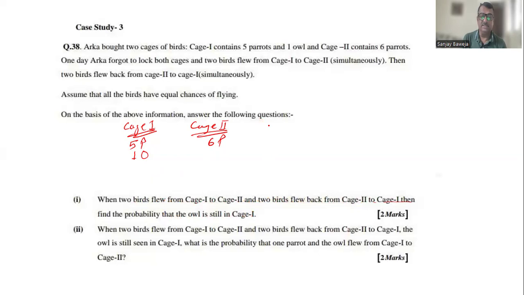So there are two cases for this to be true. In case 1, we assume that one parrot and 1 owl have gone to cage 2, and because we want the owl back, 1 parrot and 1 owl flew back.